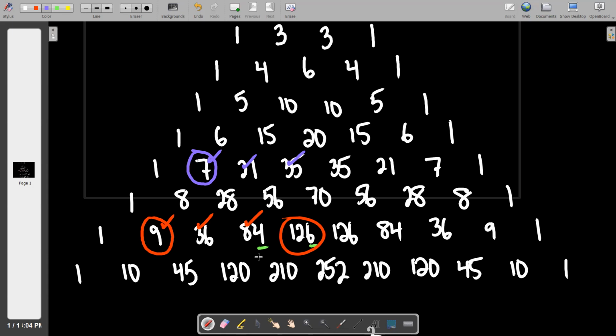If I said, what's 24C8, I don't know of many people that have taken the time to make 24 rows of Pascal's triangle. I wouldn't either. As you can see from what I'm going to give you here in a minute, the numbers get really big, and only at the 16th row they get to the point where you're like, this is getting hard to write. And then the 17th row, and then the 18th. They just keep growing.